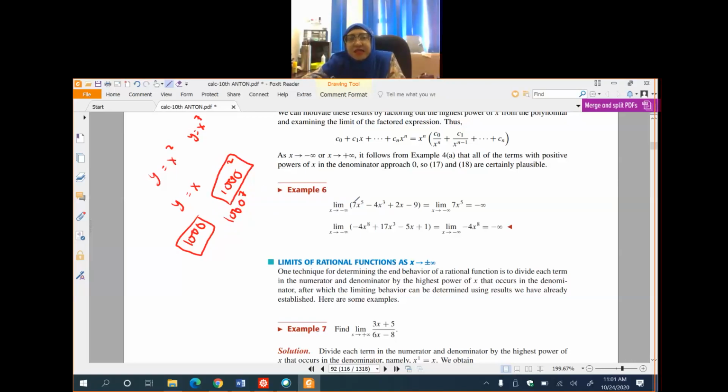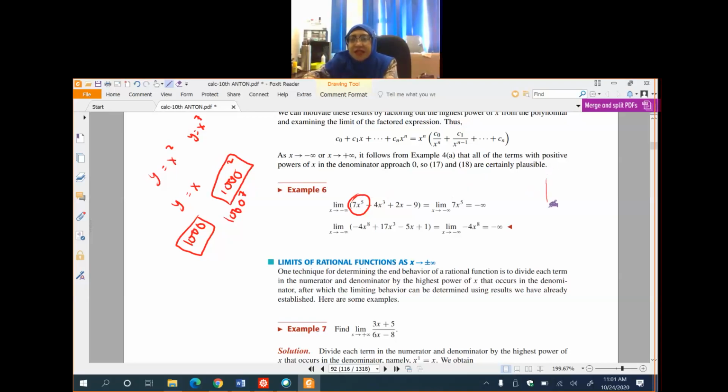So in this case, if you have 7x to the power of 5 minus 4x to the power of 3 plus 2x minus 9, you just have to consider the highest order, which is 7x to the power of 5. So we can write it as the limit as x tends to negative infinity of 7x to the power of 5.